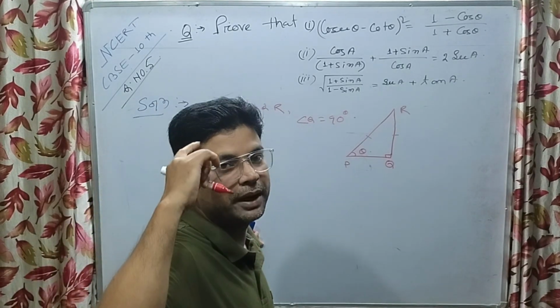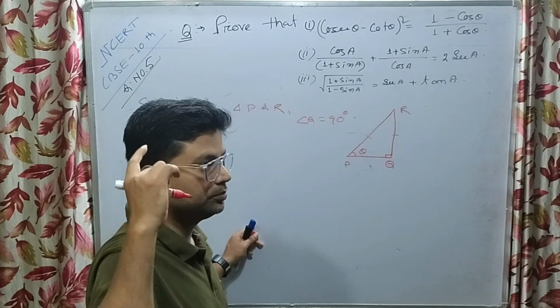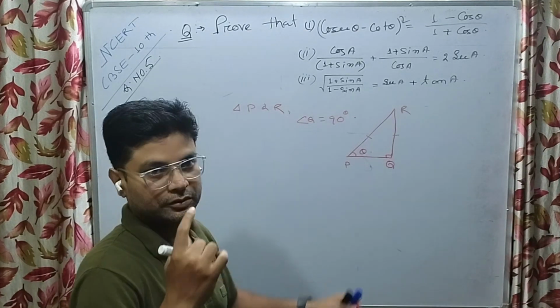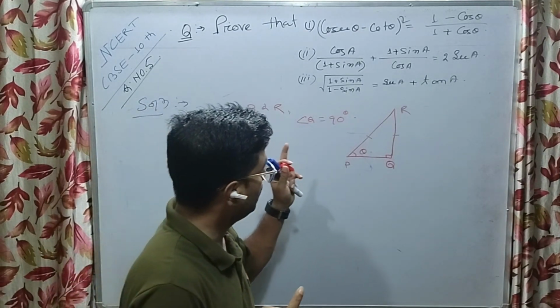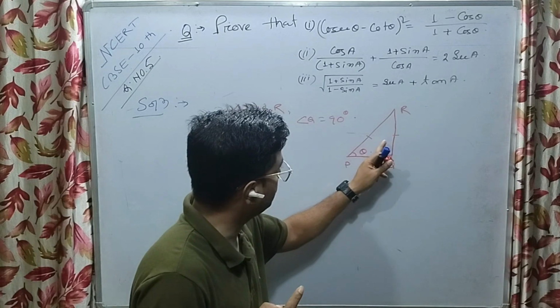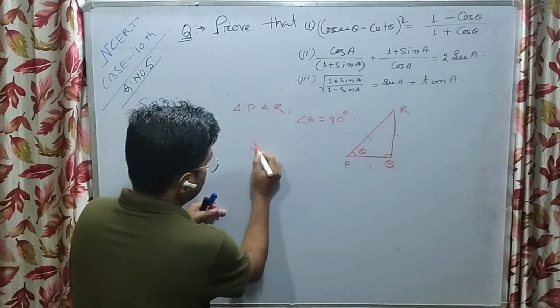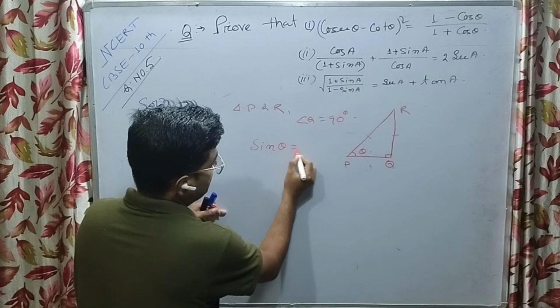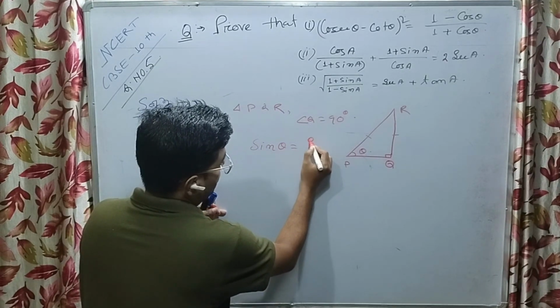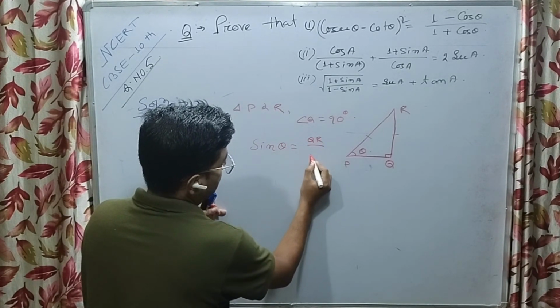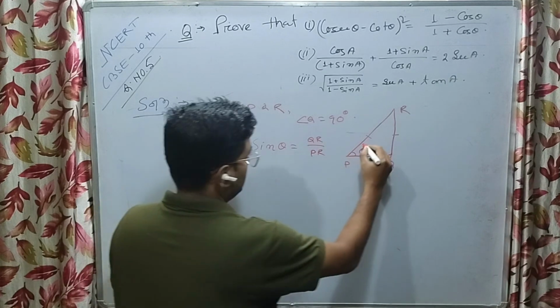Fit in your mind, and observe the relation between the perpendicular and hypotenuse, that is sin theta. It means sin theta is equal to QR by PR.